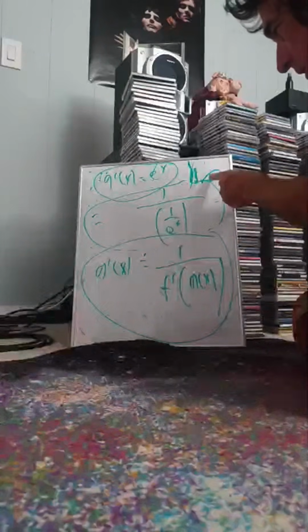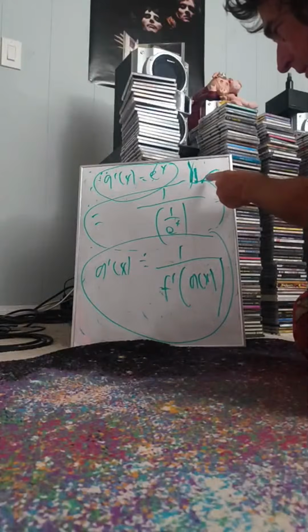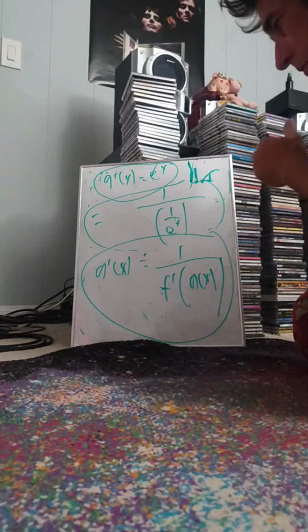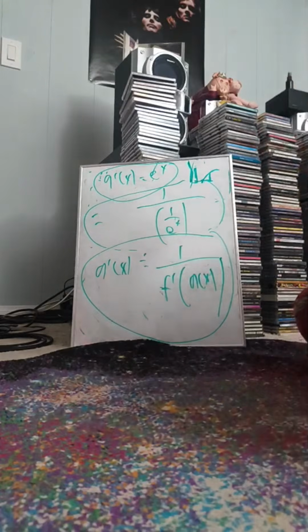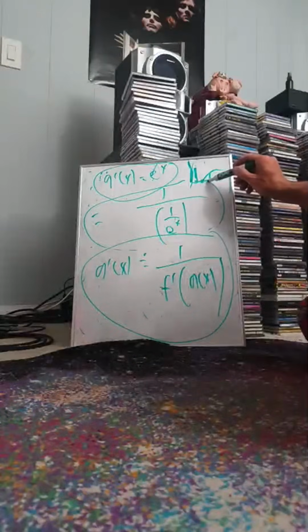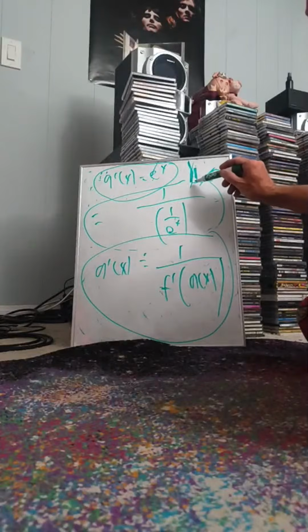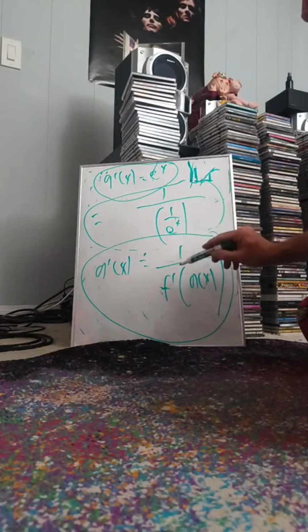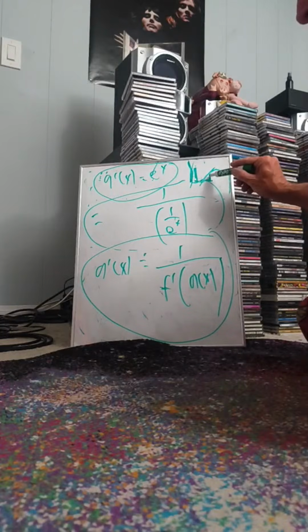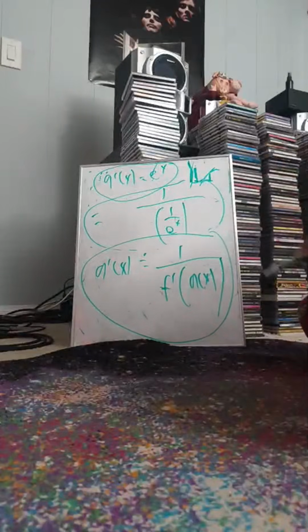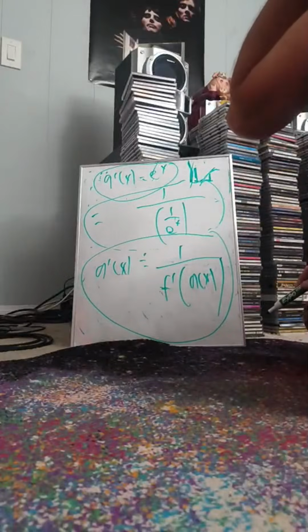You want the x to go right here, and that x is equal to, wait, I think I did that right. Let's make sure. I got this, and I go f prime of g of x, I think.